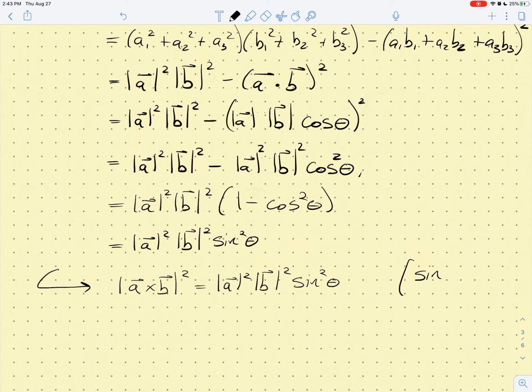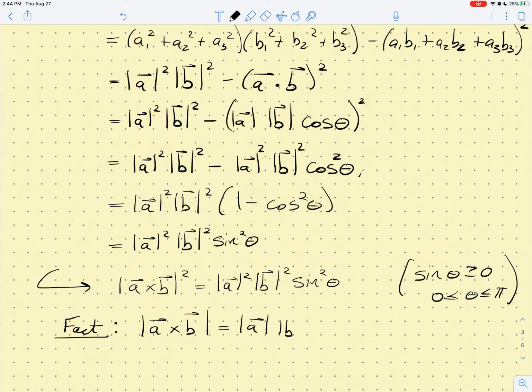And so we know that sine theta is greater than or equal to 0 whenever theta is between 0 and pi. And so that means that I can square root everything safely here. And so the point is, here is our key fact that we just discovered together. Great job, by the way. The length of A cross B is the length of A, length of B, times the sine of theta.